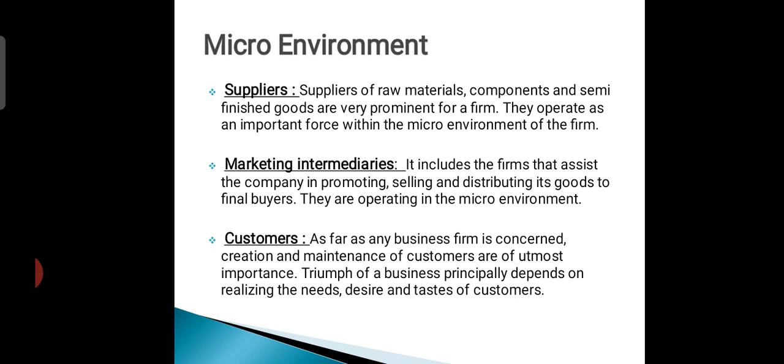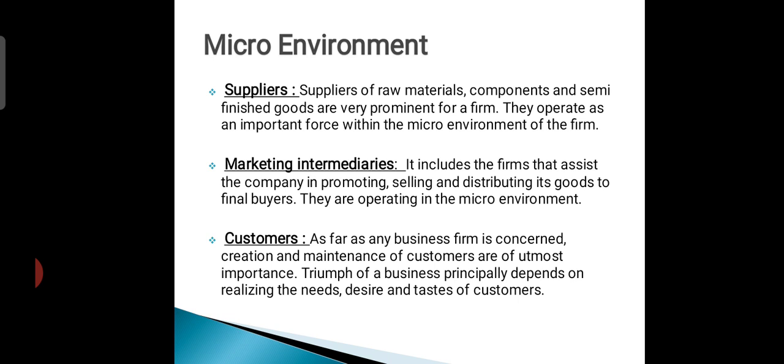It gives the advantage that if there is any problem with one supplier, we can contact another supplier within a short span of time. There is no delay in the production process. It will be a great advantage to our company, and it will help the smooth production process in our organization.